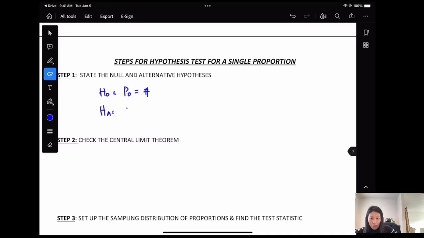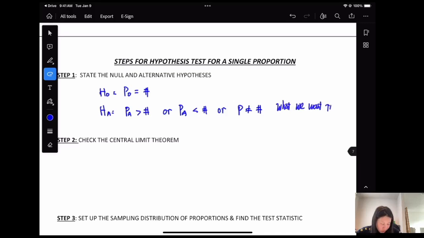The alternative hypothesis is either greater than that number, or less than that number, or not equal to. It's something that we want to prove.